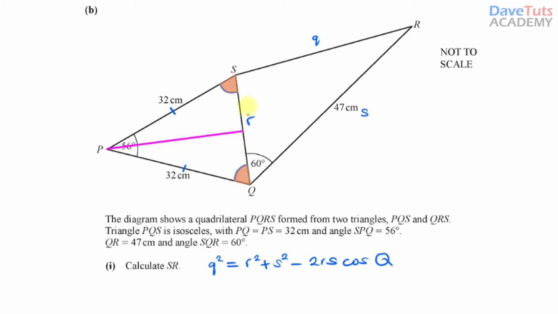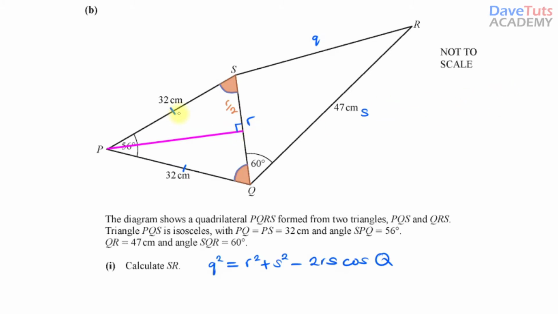But beyond that, since I've called SQ R, half of it, R over 2, I can get by making use of SohCahToa, because this line in purple is dividing this into a right angle triangle. Since it is isosceles and I'm bisecting it into two, this will make it a right angle triangle.